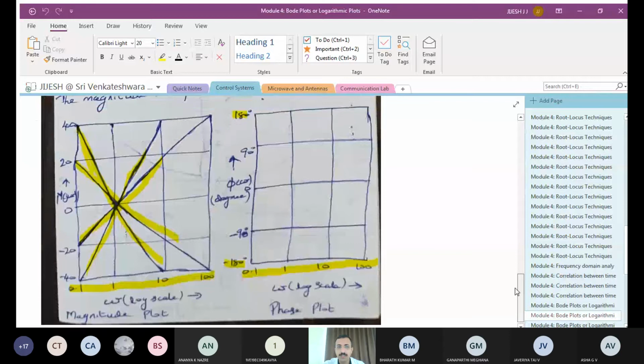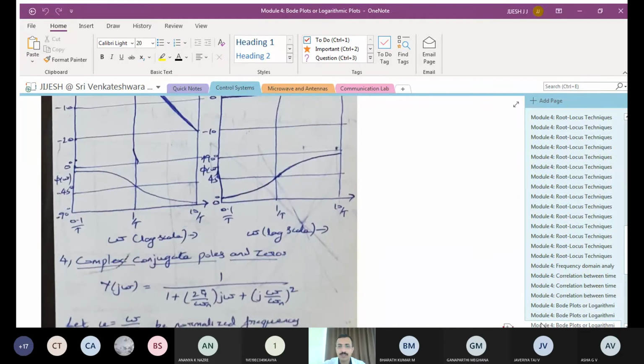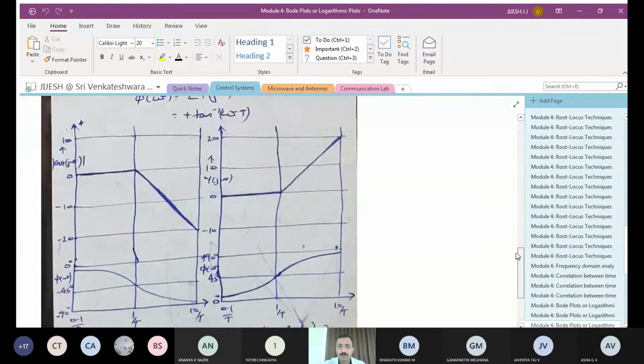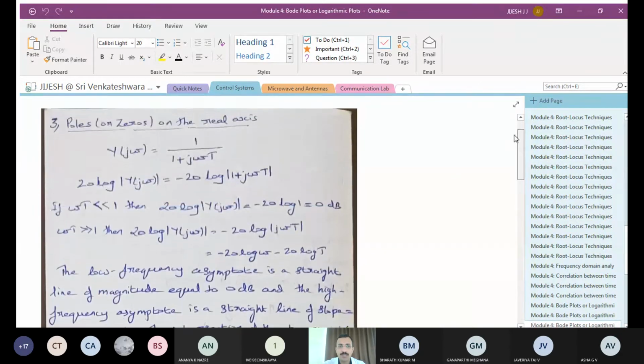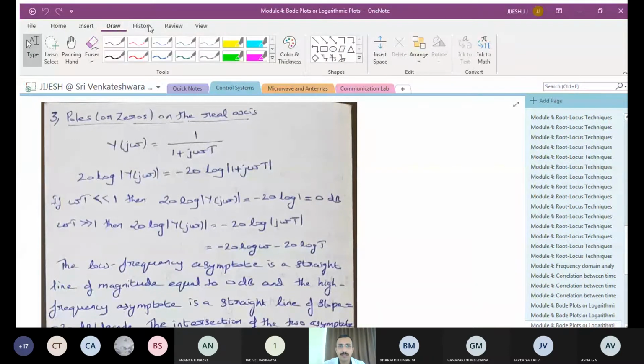So this is the plot we have obtained in the previous class. Further moving on, in today's class we are going to discuss the third one, that is poles or zeros on the real axis. So we will understand this.